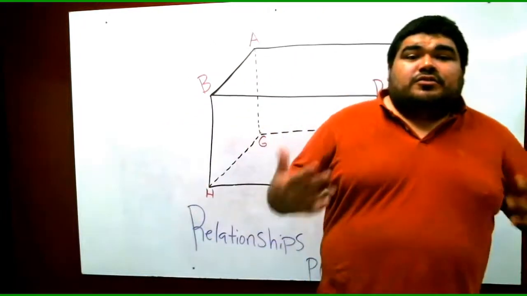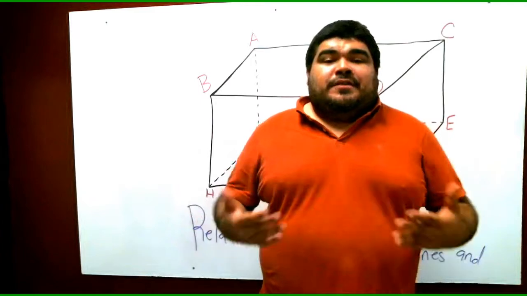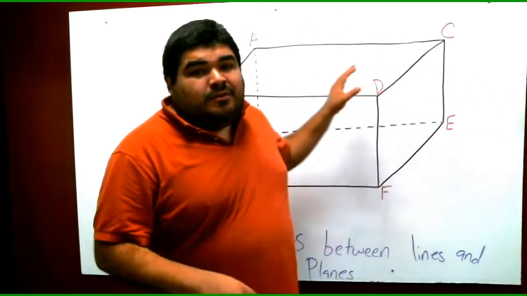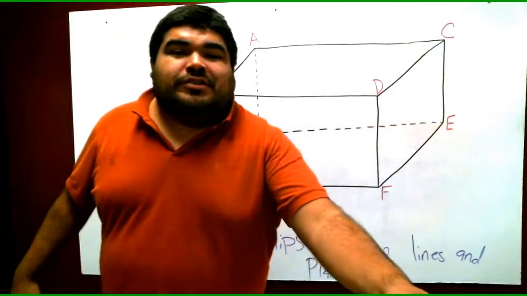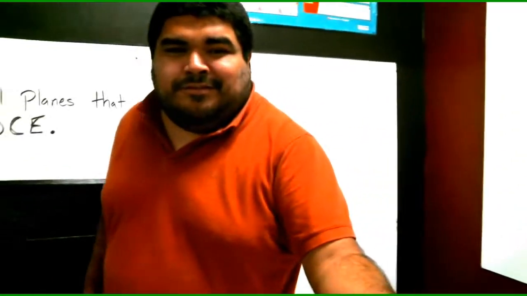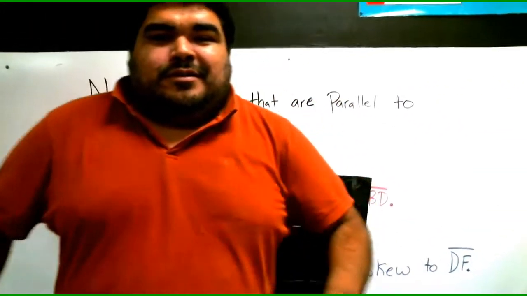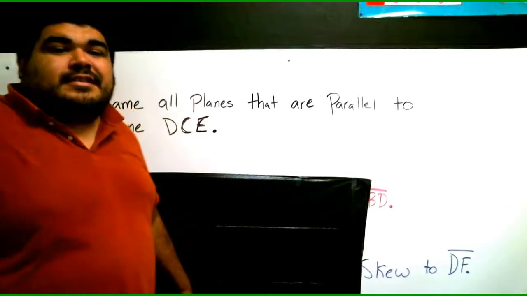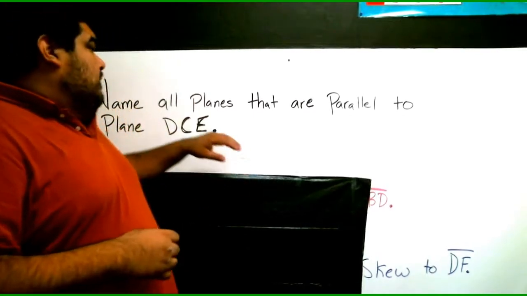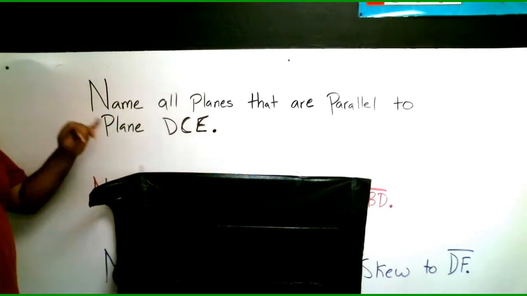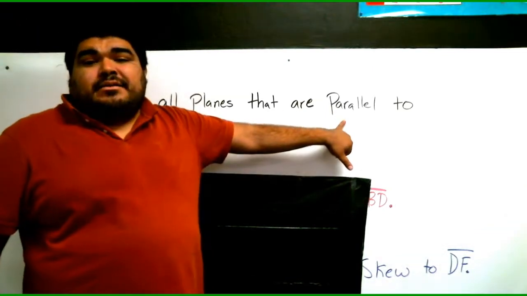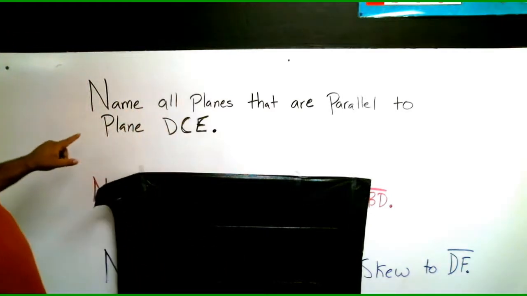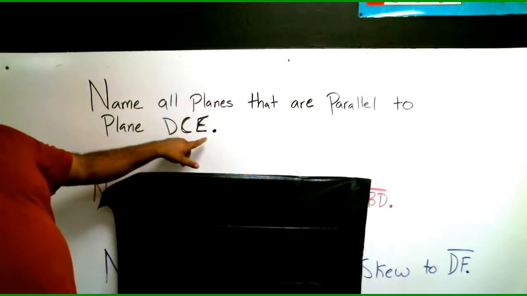Okay guys, so today we're going to find a few different things on this 3D model. Let's start off with the first question of today. The question that is asked is, name all planes that are parallel to plane DCE.